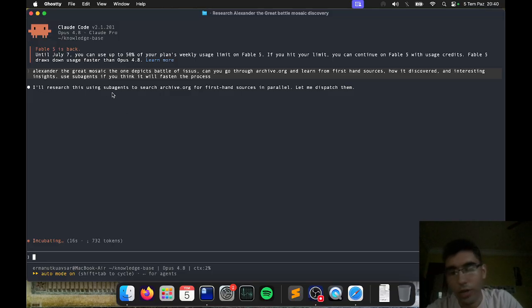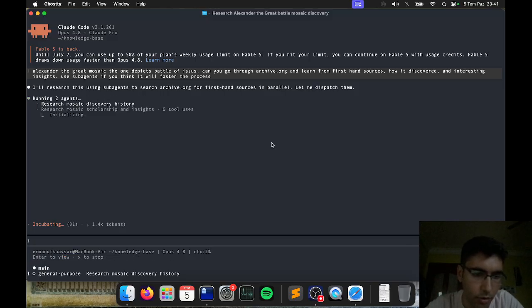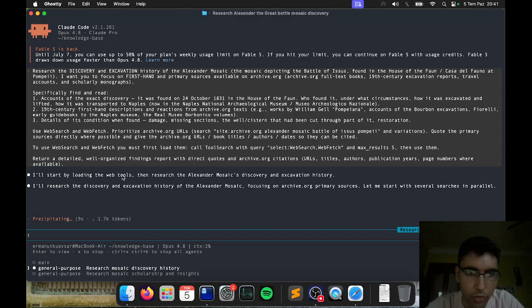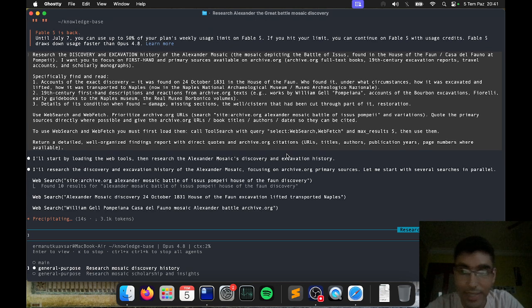So as you can see, I said to use a subagent. That's a trick, but it doesn't necessarily need to be done. It creates one subagent which is researching the mosaic's discovery history, so I can see what it is looking for. It says, I will start by loading the web tools and then research the Alexander mosaic discovery and excavation history.